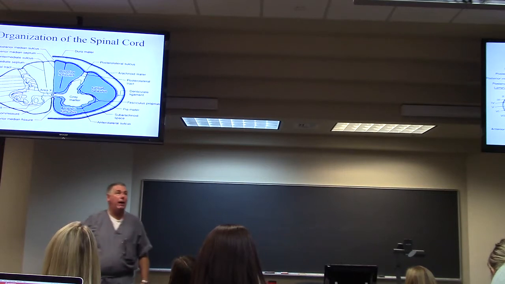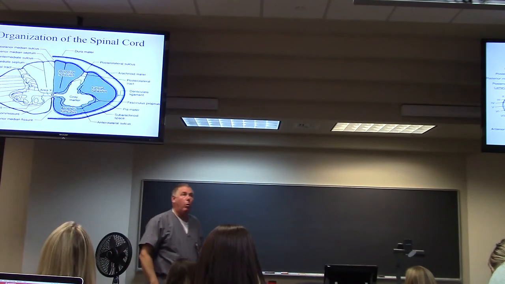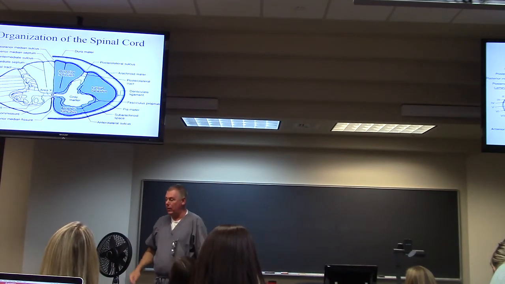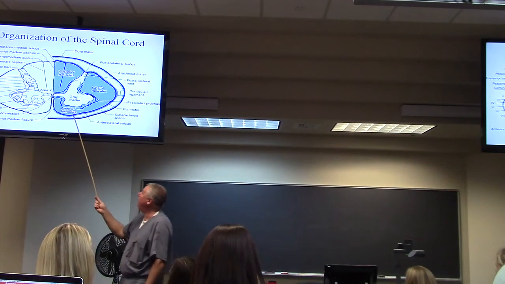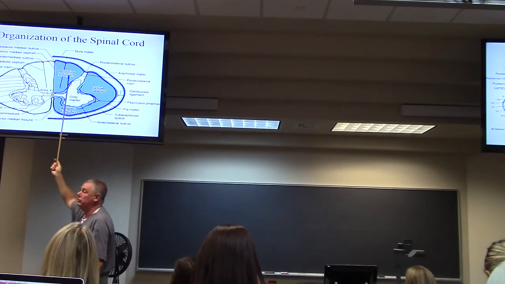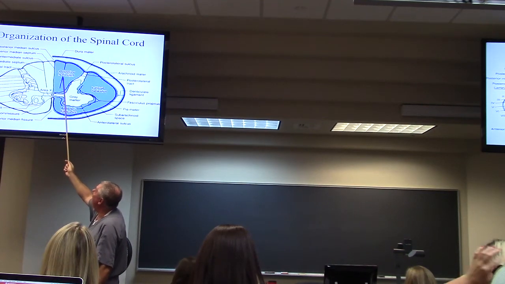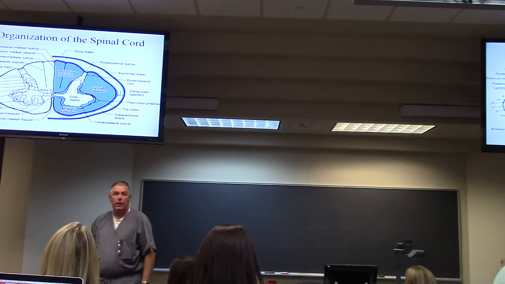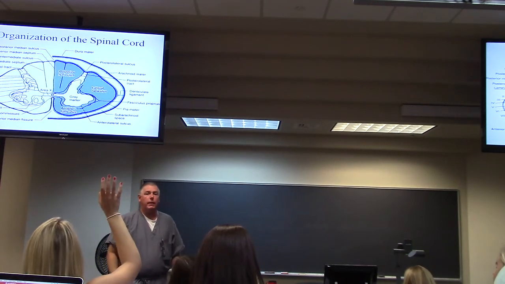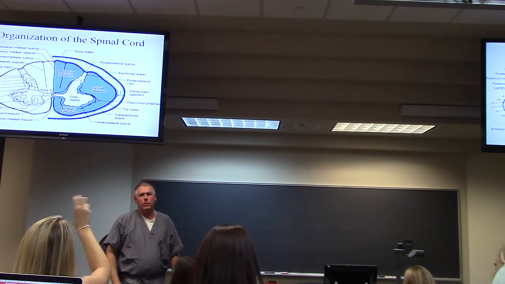And if we look at this slide right here, you can see it in a more stylized manner. Anterior funiculus, lateral, and posterior funiculus. Posterior funiculus is divided by that septum into 2 different parts. Yes, ma'am. So each half has 2 little parts.